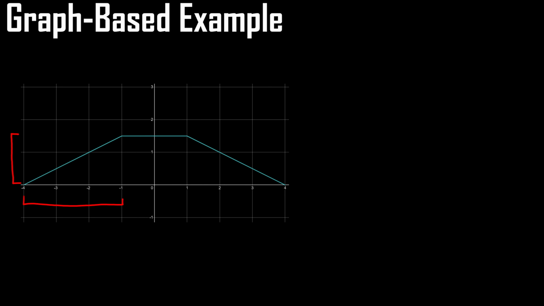And so this interval right here will be increasing from -4 to -1. So we know we are increasing on the interval -4 to -1. Again, we are using the x values.